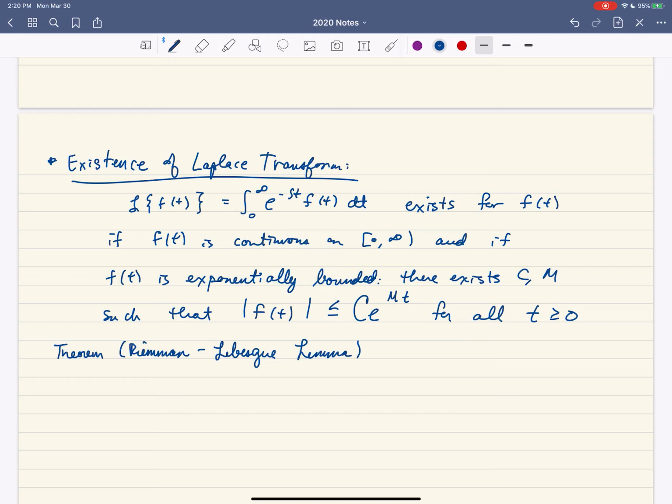Riemann is a name that's probably familiar to most of you because he did lots and lots of things. But he's probably most familiar for the Riemann integral, the integral that he pioneered. The Riemann integral had lots of problems though.